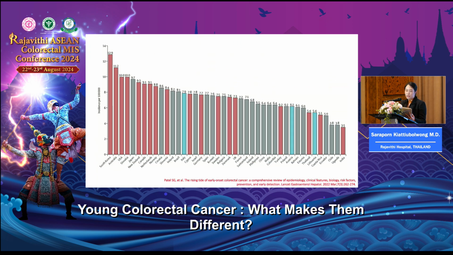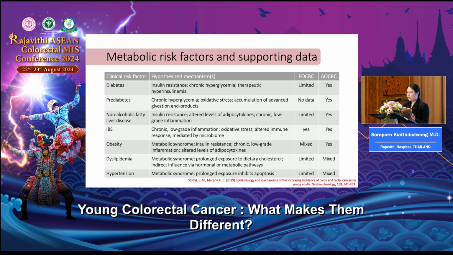This diagram shows the incidence in each country. The red color represents the rising incidence of early onset colorectal cancer, and this trend is also occurring in Thailand. So we should look at the metabolic risk factors for the young patient.